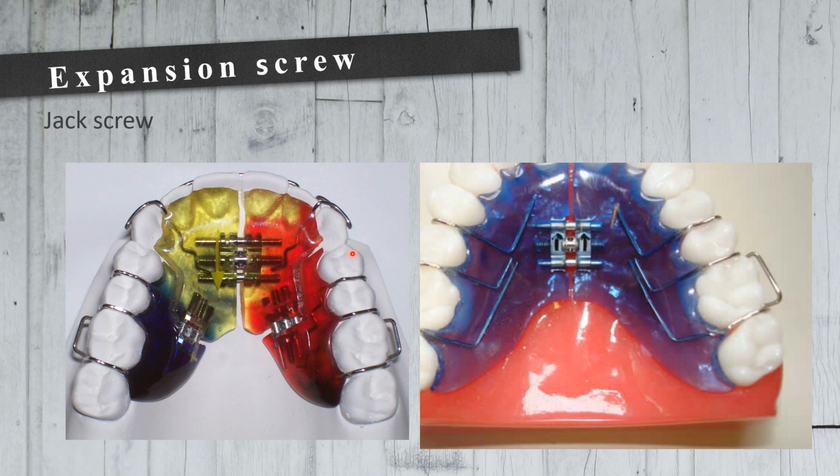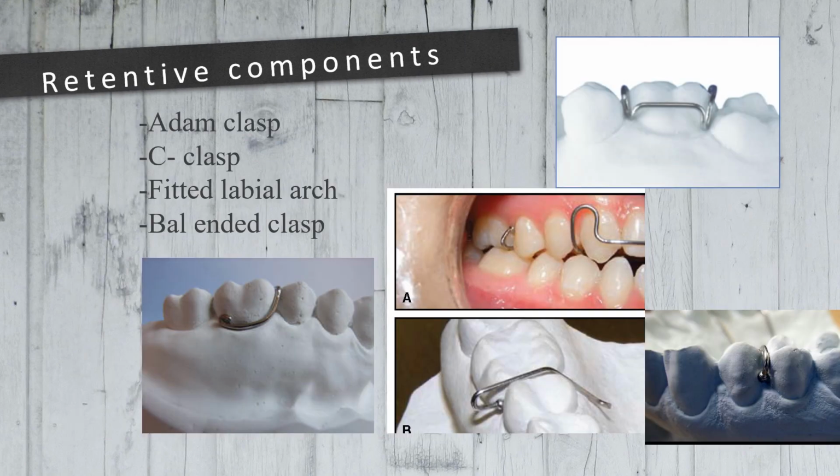Also, the jack screw produces distalization of the molars by opening the screw and moving the molars distally, and expands the arch mesiodistally, or increases the length of the arch.